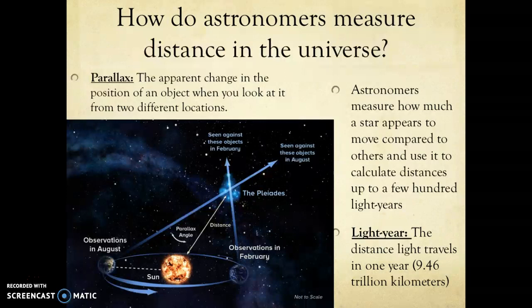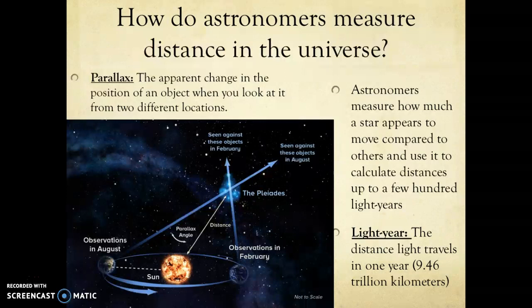So if we're looking at a particular star in the night sky, if you see it from here in Florida, it's going to look like it's in one position. If you were to look at it from, say, California, it's going to look like it's in a slightly different position in the sky. Again, it's really in the same spot in the universe, but it appears to be in a different spot.